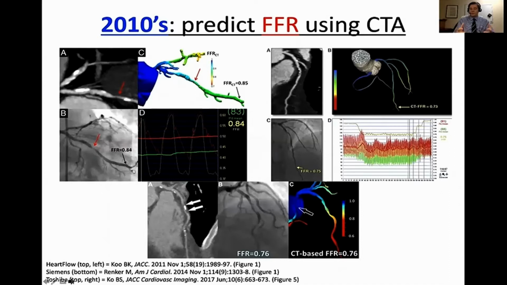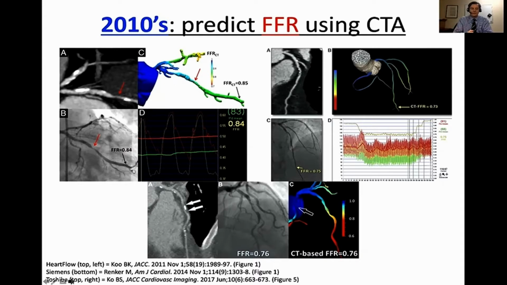It's spilled over in the 2010s as well to non-invasive angiography. So we can take all of the same principles that were derived in the 1970s and honed in the 1980s and apply them to any angiogram, not just invasive angiograms, but also angiograms taken using CT angiography. The first tool that's out there is from a company called HeartFlow out in California.